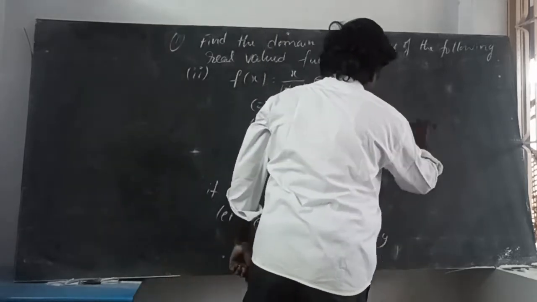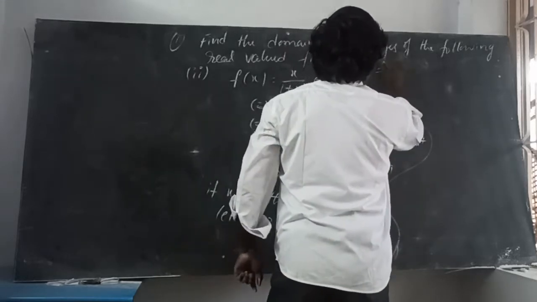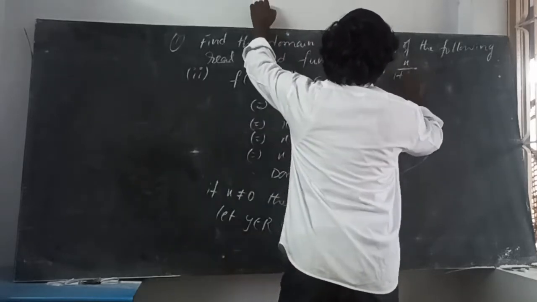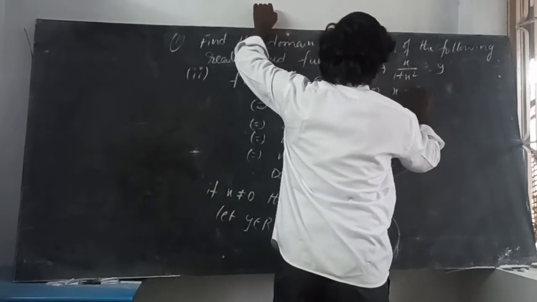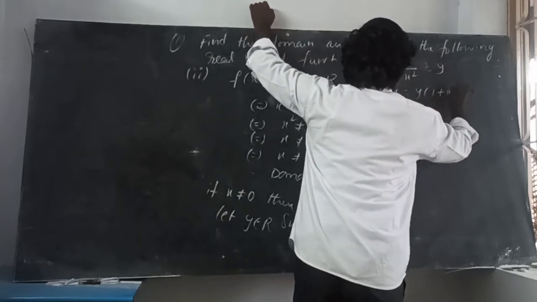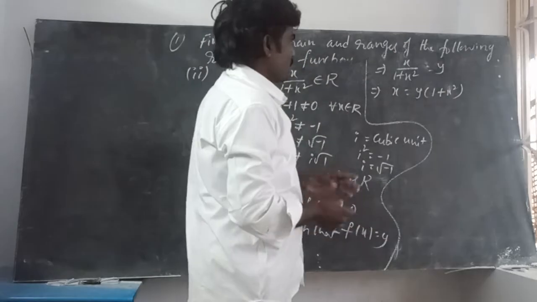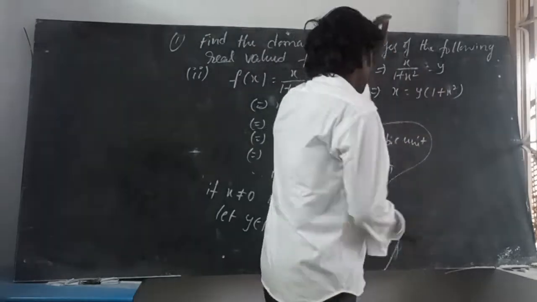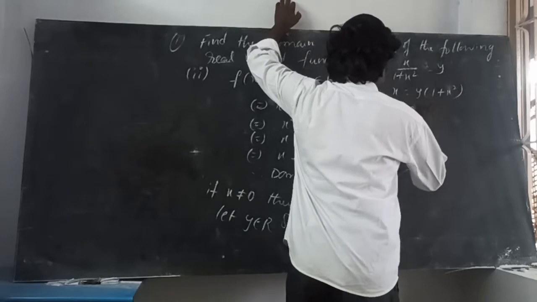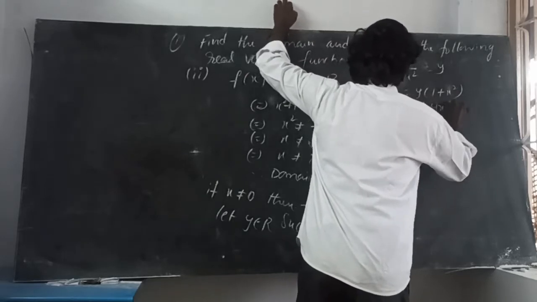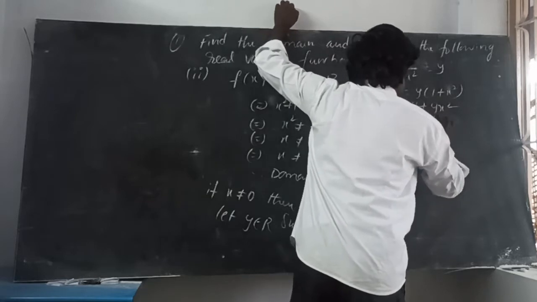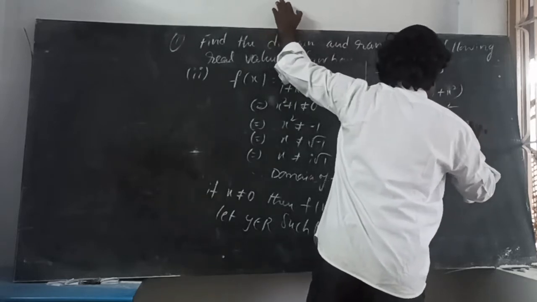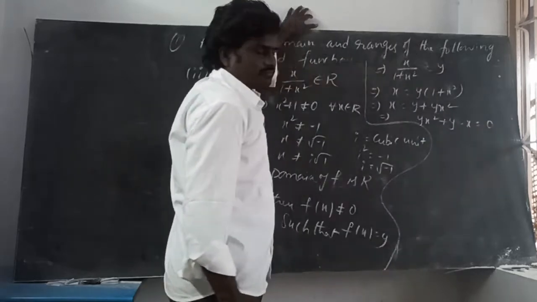Here what is f of x? x by (1 plus x square) is equal to y. So this one you can write as x is equal to y times (1 plus x square). y into 1, y into x square, y x square. So x is equal to y plus y x square. So x goes to the other side as minus: y x square plus y minus x is equal to 0.